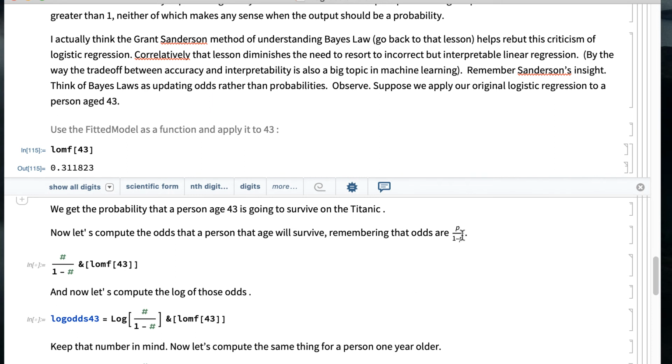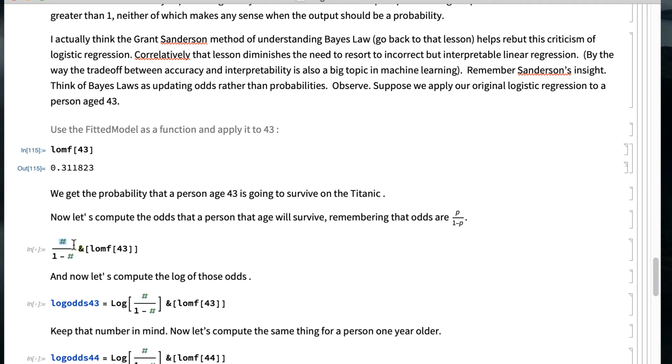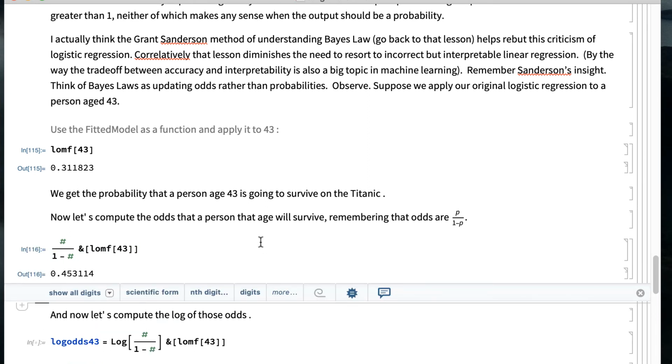And if you remember from that earlier video, odds are the probability divided by 1 minus the probability, and therefore can range anywhere from 0, when probability is 0, to infinity, when probability is 1. So we'll take that function right there and apply it to LOMF of 43 and get the odds of someone surviving if they are 43.